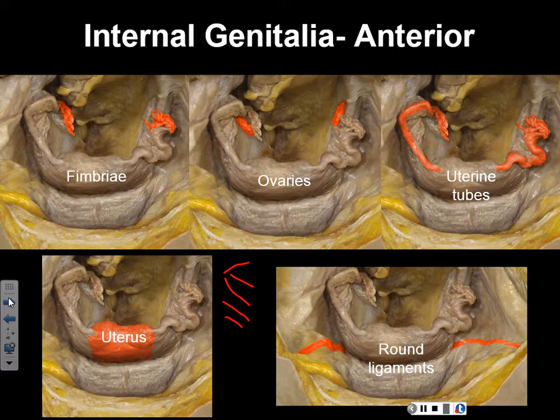Then there's a broad ligament that holds the uterus in place. And there are some that also suspend the ovaries, like suspensory ligaments. Because these organs are located in the abdominal cavity, and a little bit in the pelvic cavity, they need connective tissue to hold them in place.